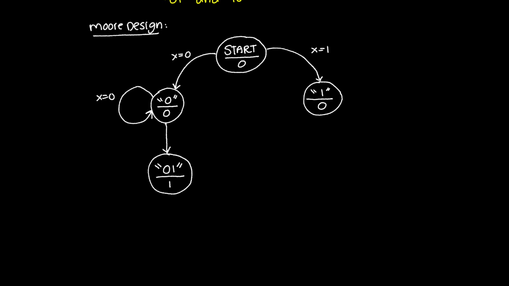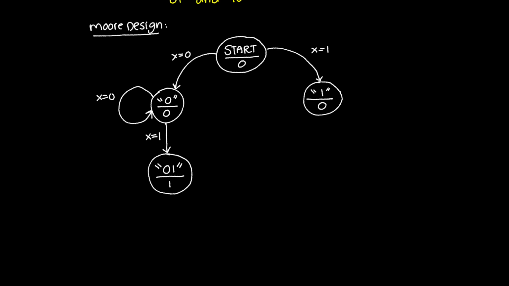So from this state where a 0 has been detected, if another 0 has been detected, then I will remain in the same state. But if a 1 is detected, then I have just had a transition from 0 to 1. I move to a new state that I'm just labeling as 0, 1, and I'm going to output a high because now I have just detected my 0, 1 transition.